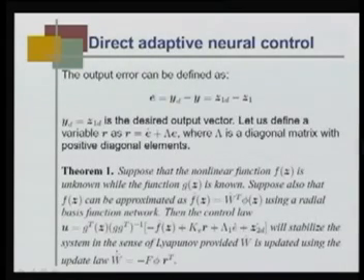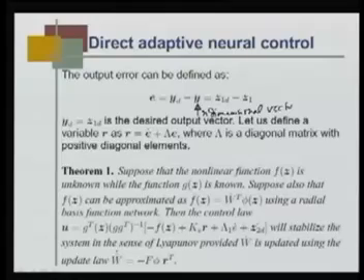So, direct adaptive neural control. The output error can be defined as E is yd minus y, and as you know that y is again an n dimensional vector, because we are assuming that this is Z1 desired minus Z1, and since Z1 is the n dimensional vector, so this is valid.